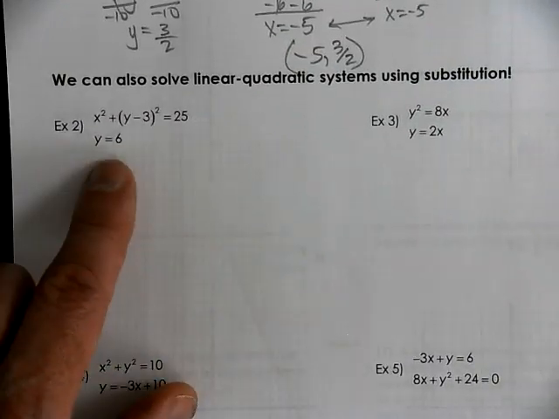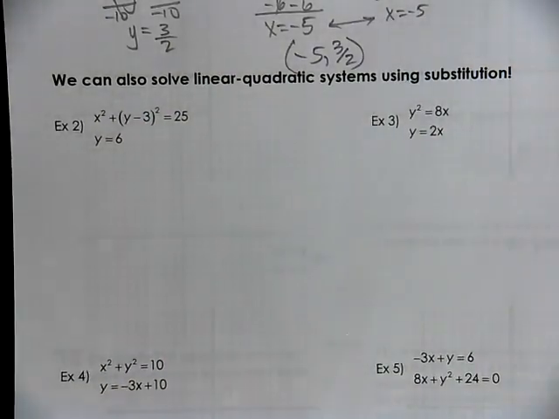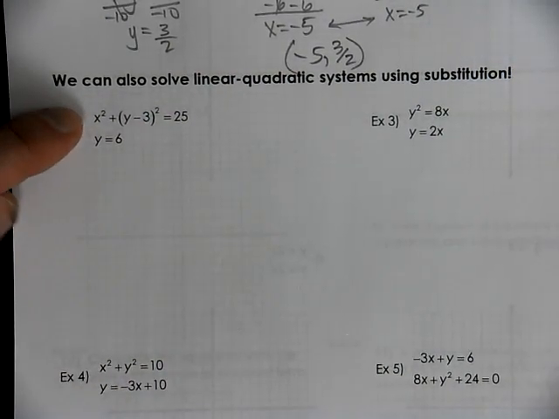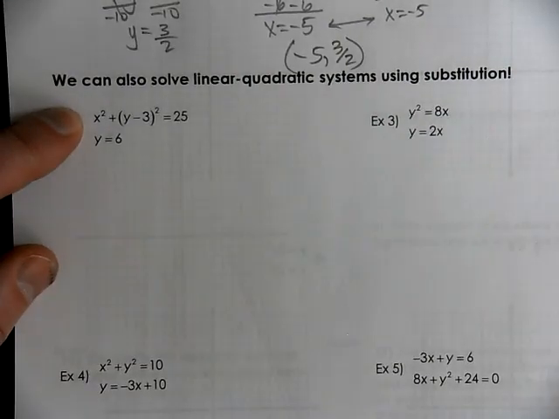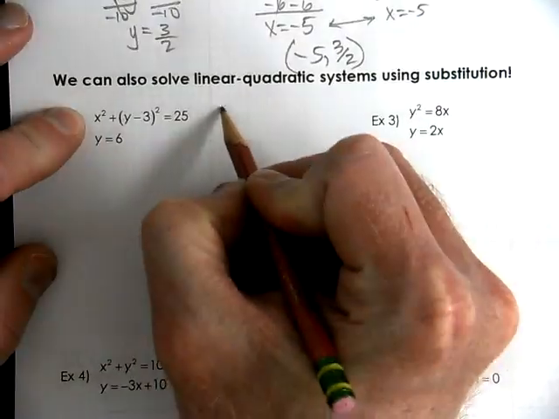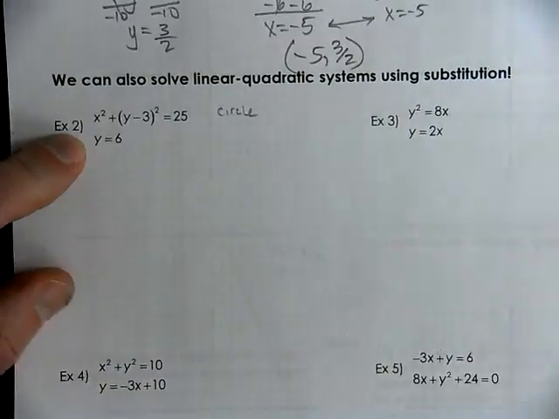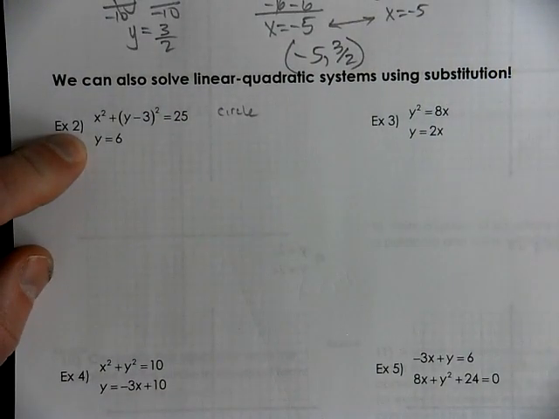Now, when we come down here, what two types of equations do we have? What type of equation is this one on top? It's a circle. What type of equation is the one below it? It's a line.